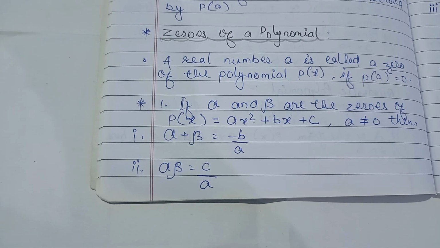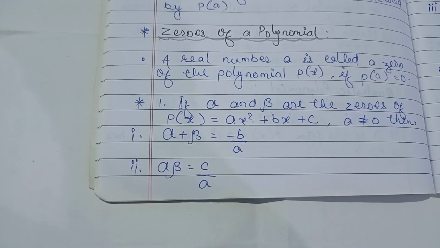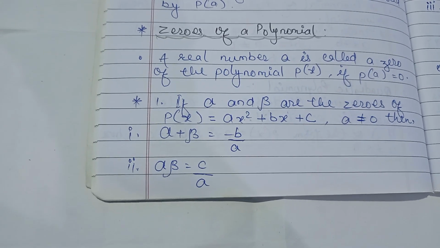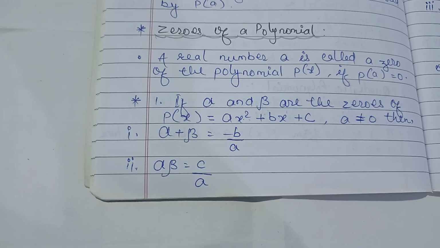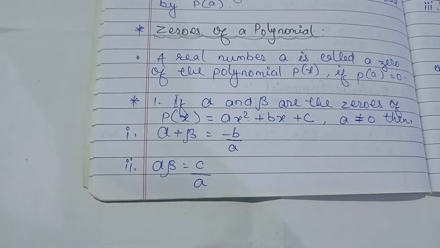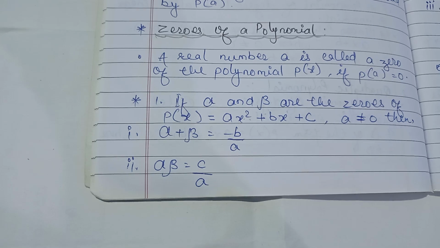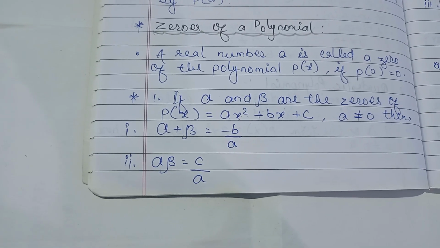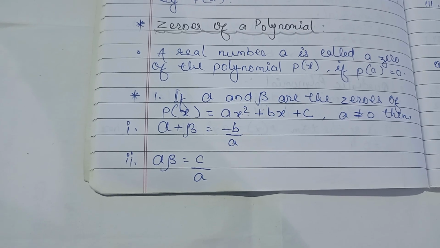A real number a, or alpha, is called a zero of the polynomial p(x) if p(a) is equal to 0.